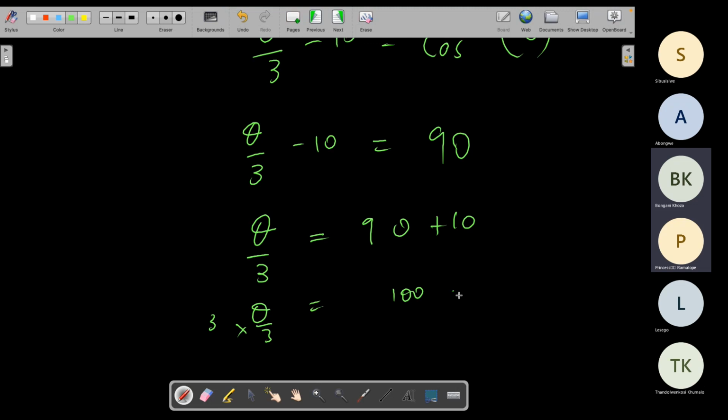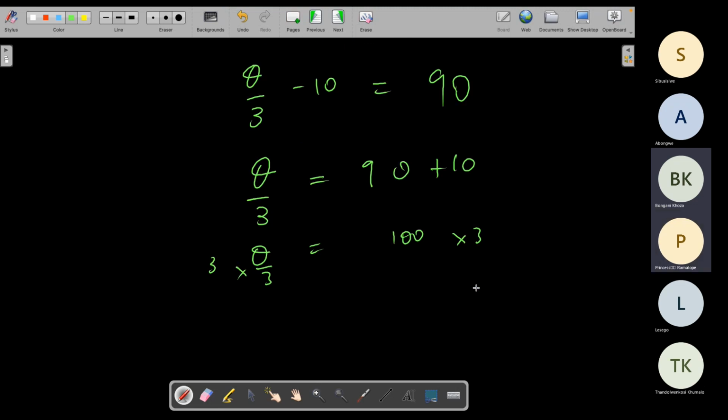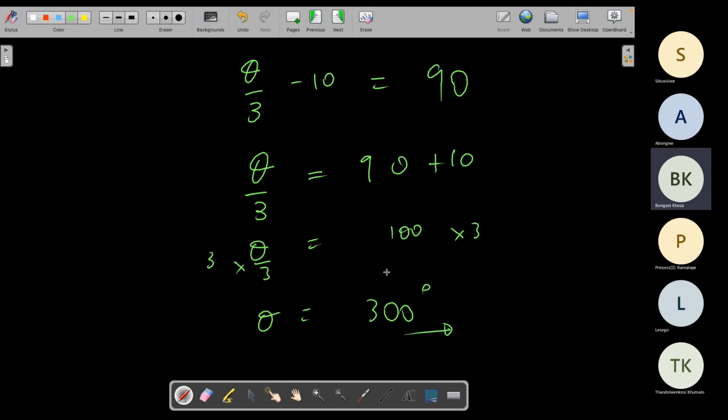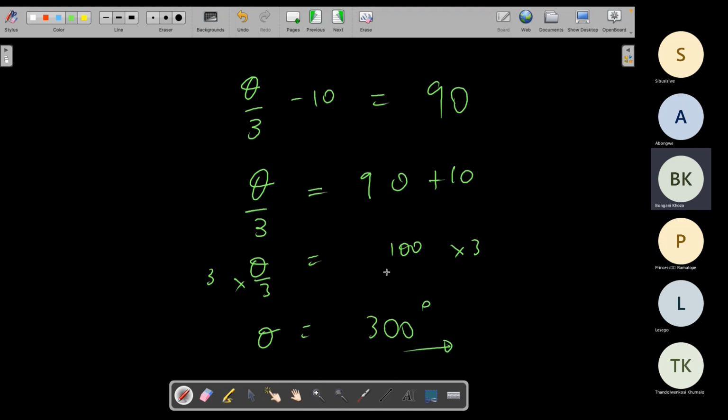So multiply by 3 on both sides. So theta is equal to 300 degrees, not 360. I got 570. You got 570? I'm telling you, 300.